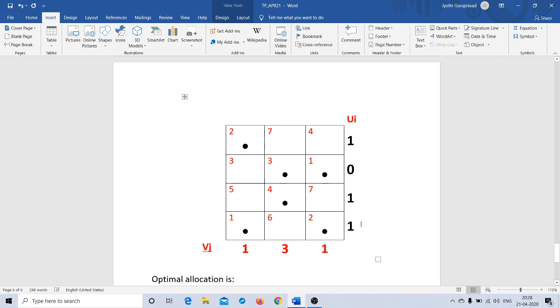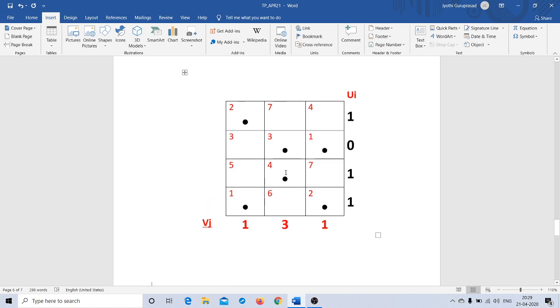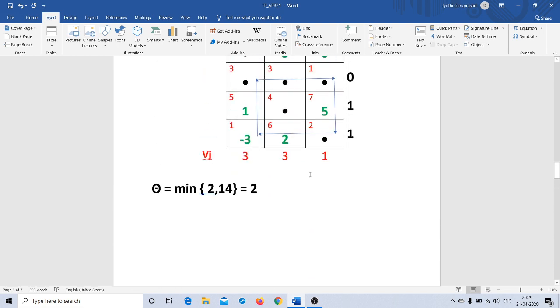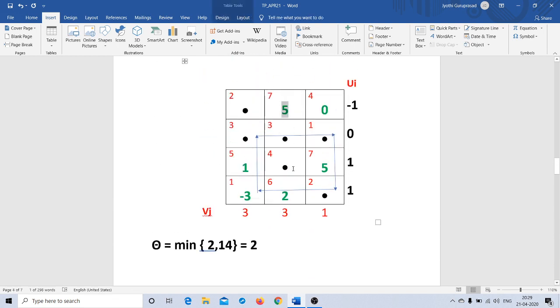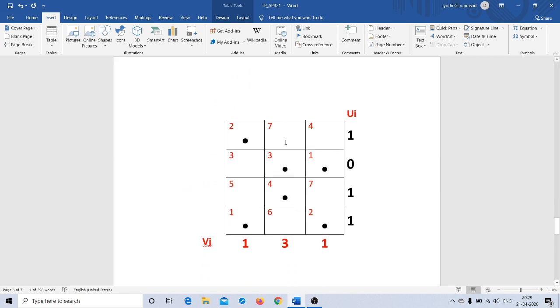Now I calculate the values of dij for the unallocated cells. Let me copy the green color, and then put that in the cells where allocation is not done. So this is 3 plus 1 is 4, and this is 7, so 7 minus 4 is 3.